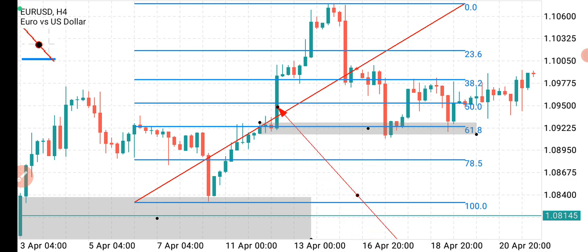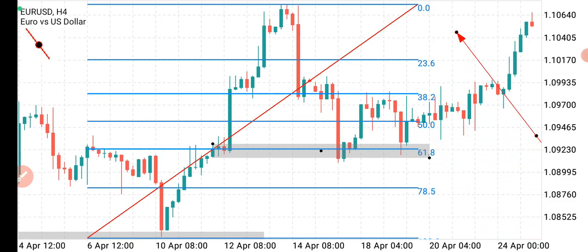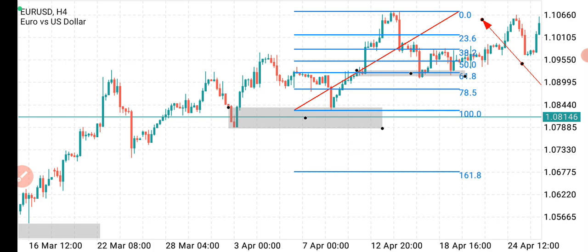And then you see what happened. Price went up, retraced back into that zone, played around, go to your lower time frame, you see a break of structure, you see a double bottom, and then it moves to the upside. So this is how the pattern is. This is how to trade the market chart.